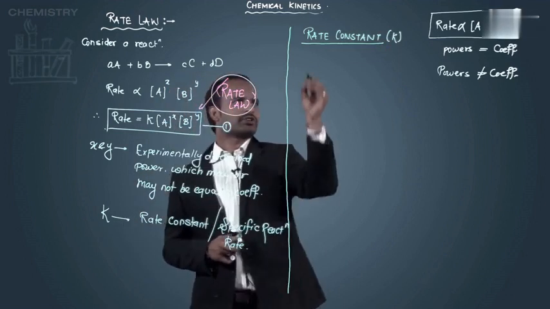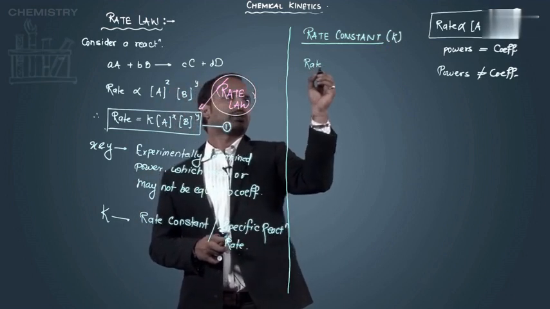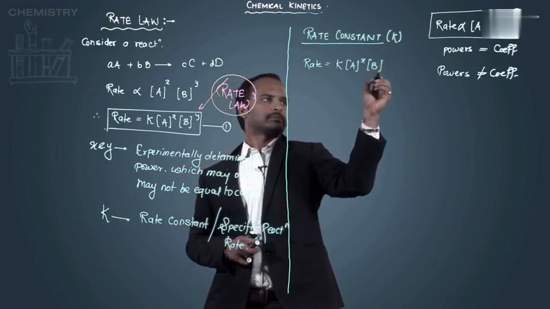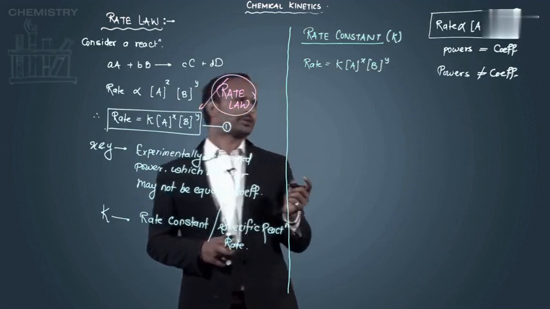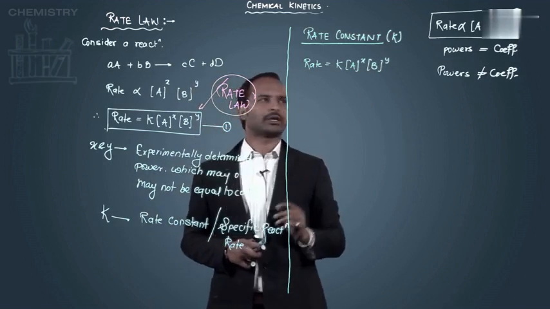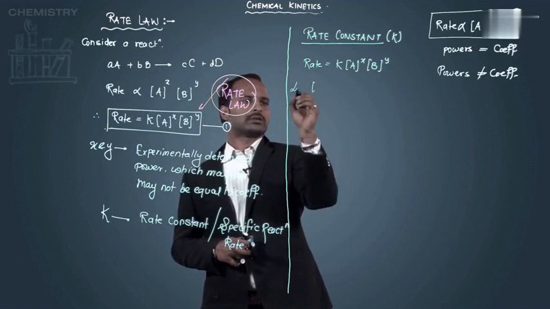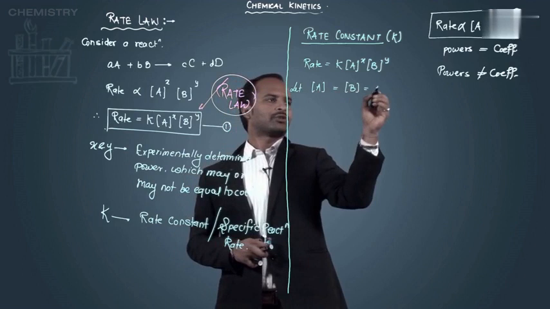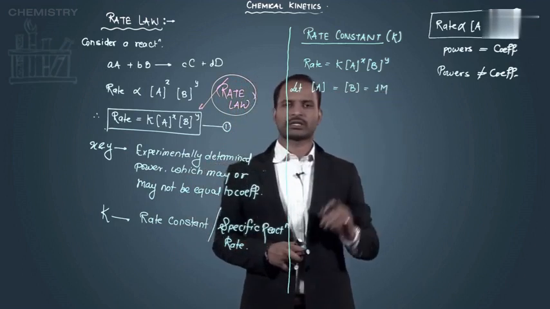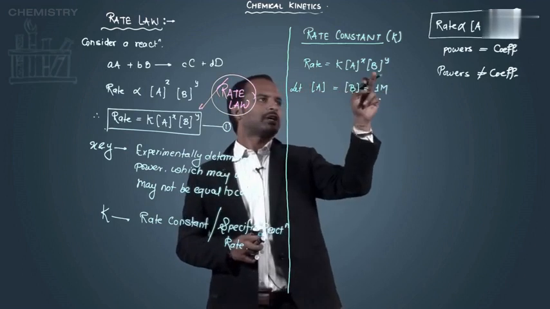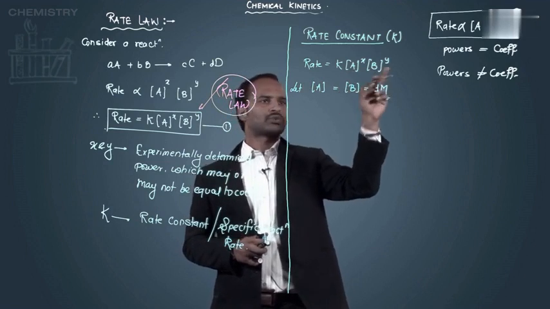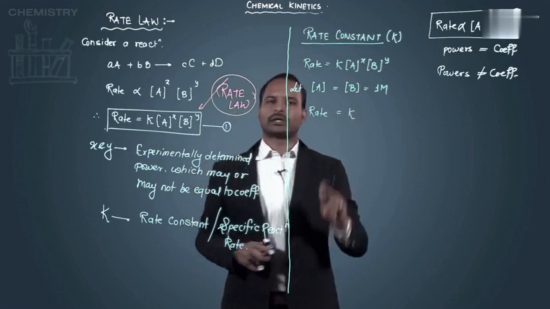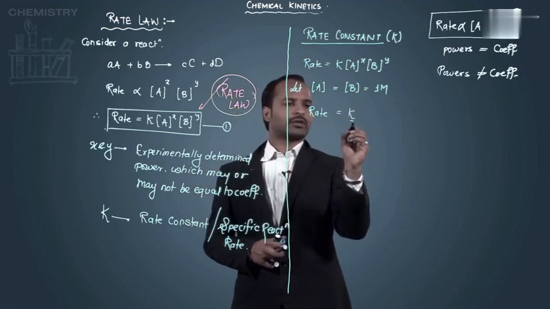I'm starting with the same equation, rate is equal to K into molar concentration of A raised to X and B raised to Y. How is K determined? Simply take all the reactants' concentrations as 1 molar. So if A and B are 1 molar, 1 raised to anything is 1, so ultimately you will get rate is equal to K. Now this gives the definition for K.